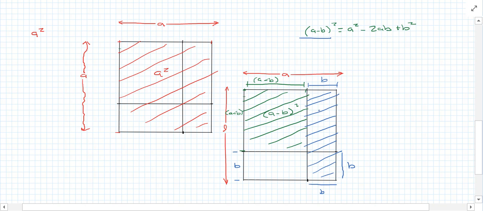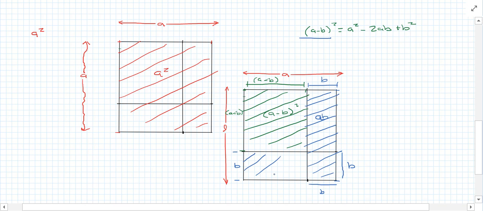We have two of them, one down this side. The whole length from the top to the bottom is a, and b is just the width. That's one of the abs, and then we have this second one.